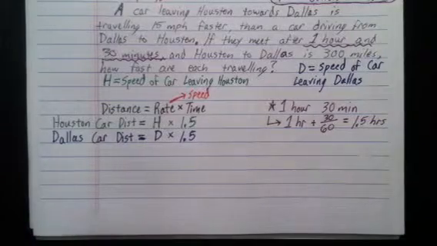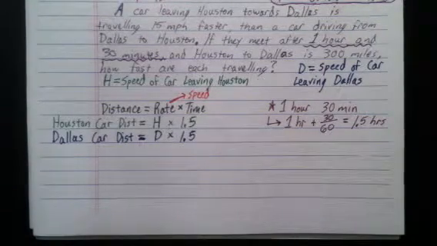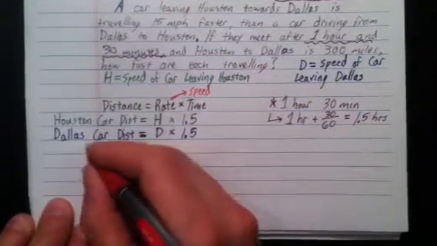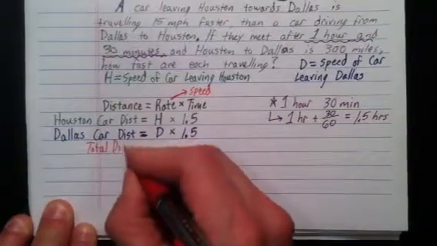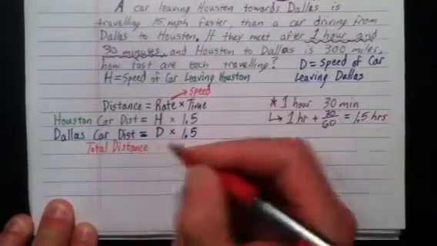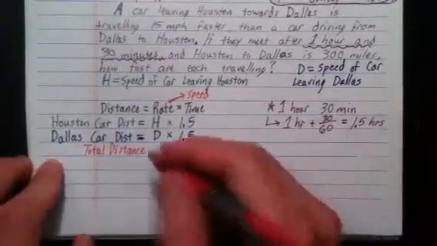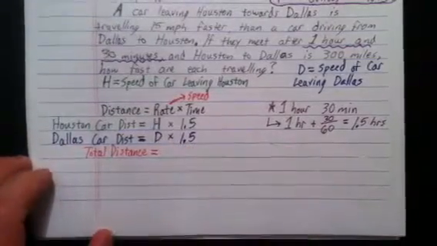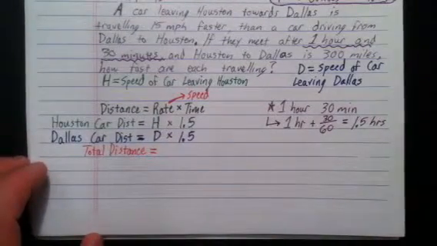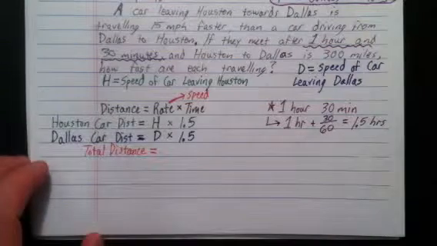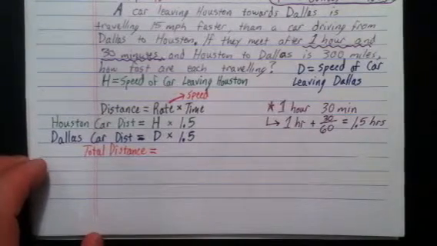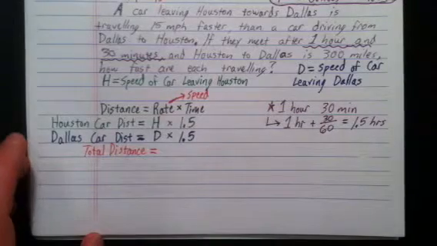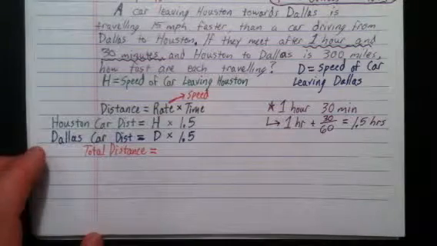Well, some things we do know. The total distance, together between the two: if one car's leaving Houston, the other car's leaving Dallas, they meet somewhere in the middle. Either way, the total distance traveled between the two of them is going to be 300 miles.